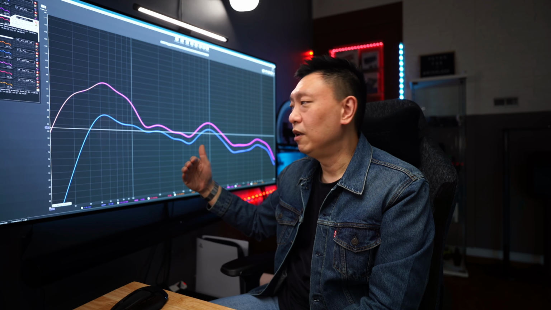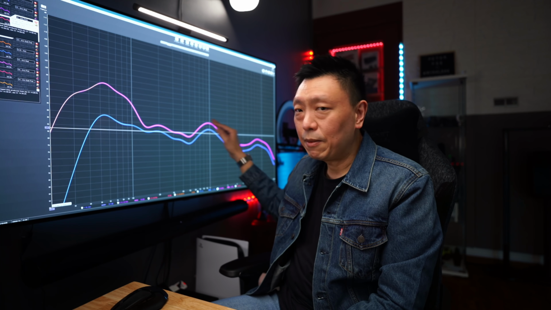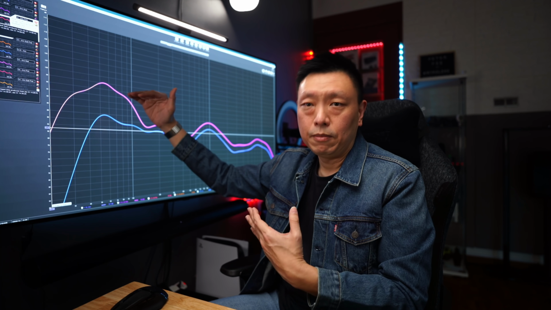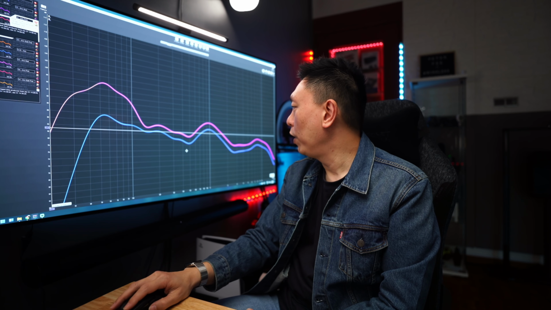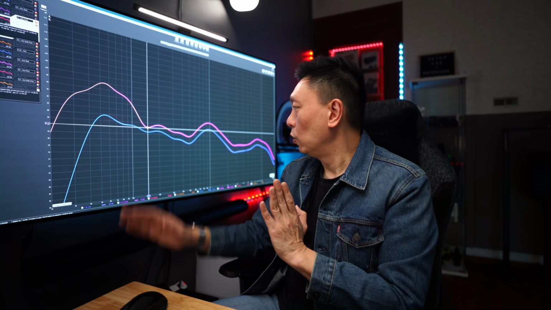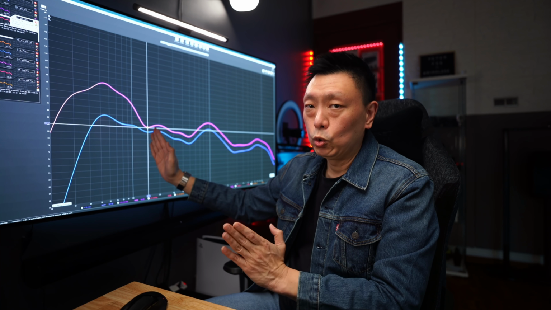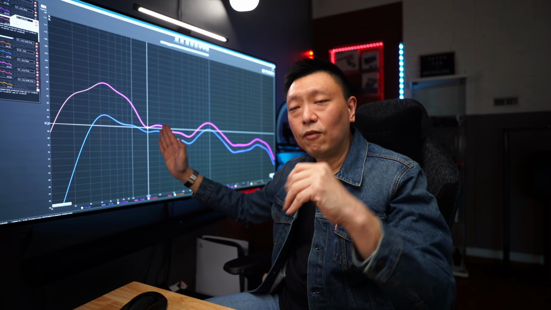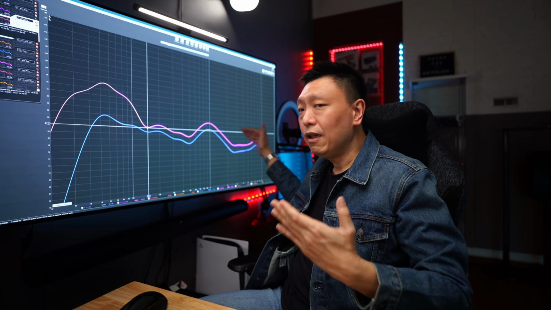Of course, there's going to be a difference when you're using the Arc on its own, but when you pair it with the Sonos sub, yeah, the sub kicks up the lower frequency response quite a fair bit. I think from about this point, at about 150 hertz or so, you see that the sub does its job, right? But it also relieves the Sonos Arc from its bass duties, such that the Arc is able to focus on the higher frequencies.